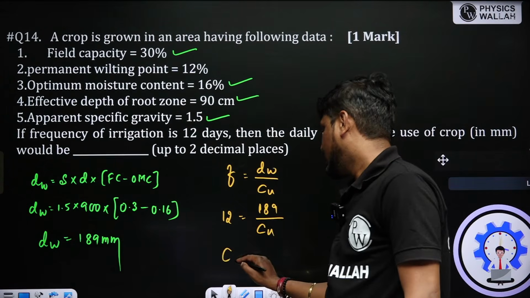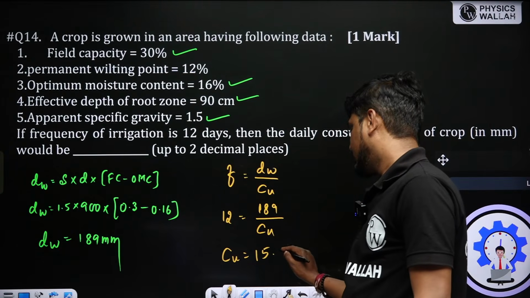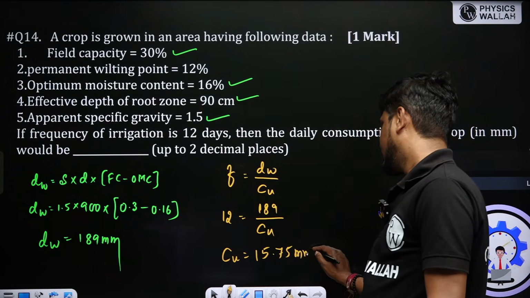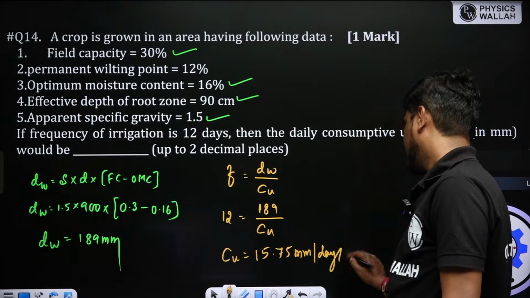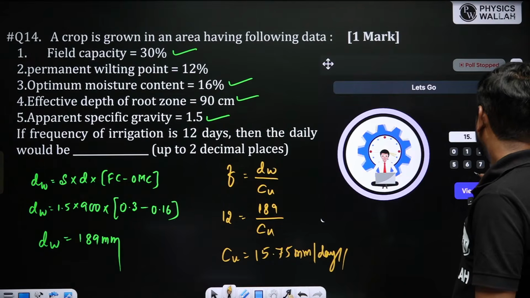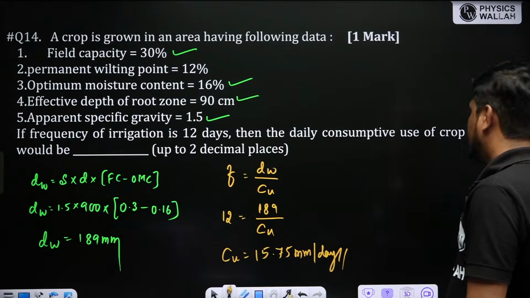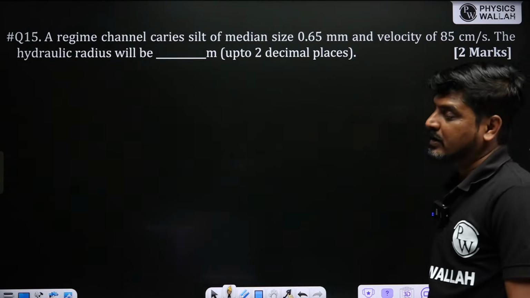So Cu is equal to 15.75. Correct answer, 15.75. Easy question.